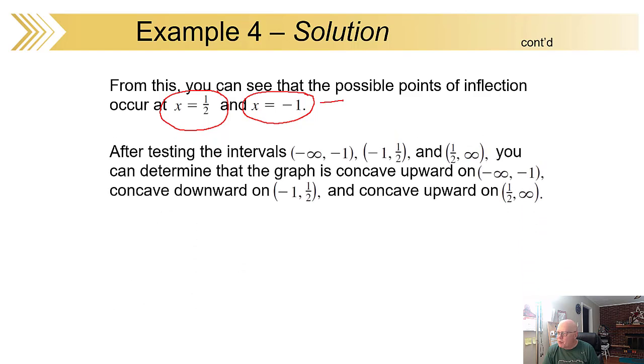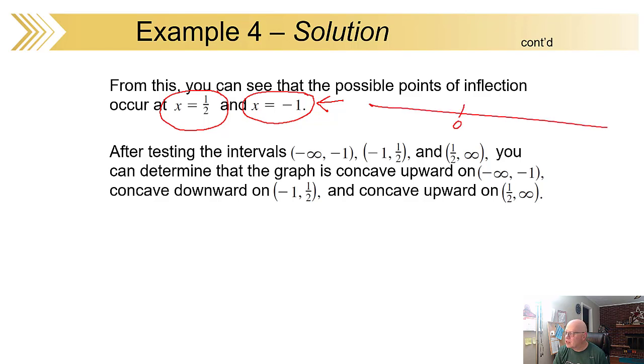Now these 2 points are going to split the number line into 3 sections. Notice the -1 comes first, so you have negative infinity to -1, -1 to 1/2, and 1/2 to positive infinity. This splits the number line, just like this. 0's here.